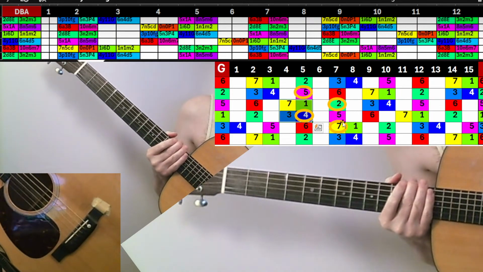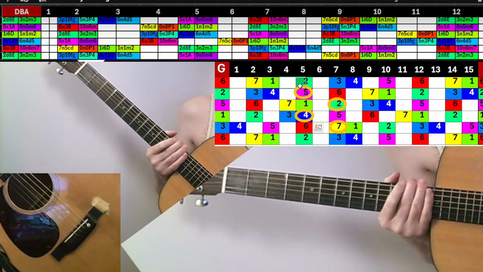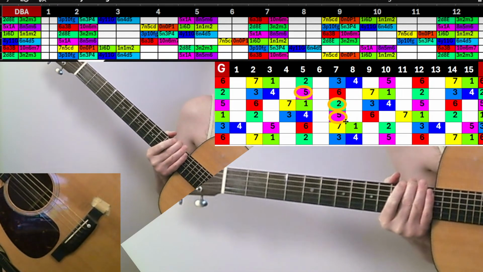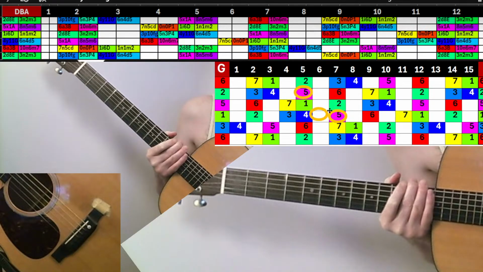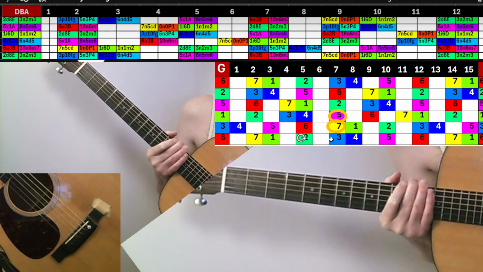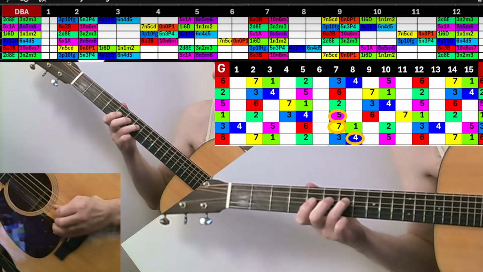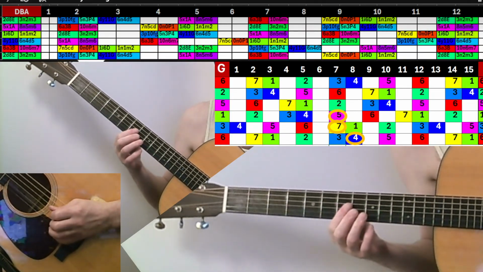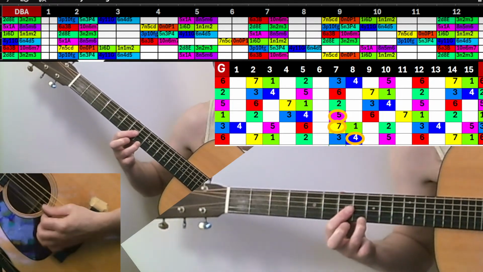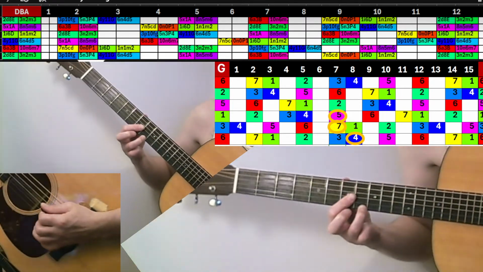That's that one. And then if I went to the top of that shape, I have this node here. If I think about a lean back shape, I have the 3rd right underneath it, and then I have that node, the 7th right there, which is funny. I don't do that often.